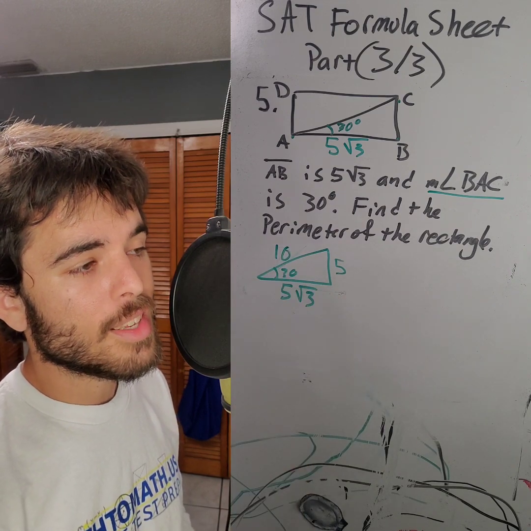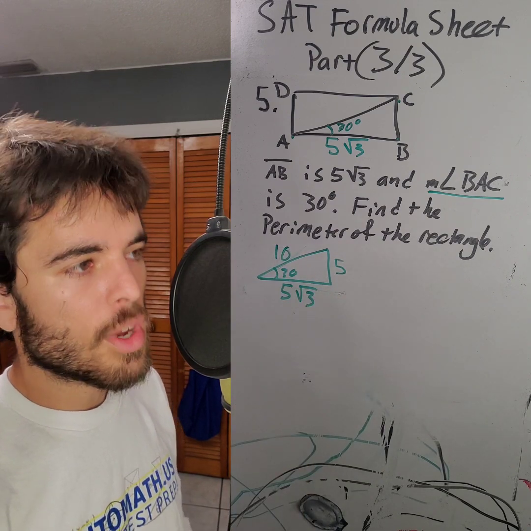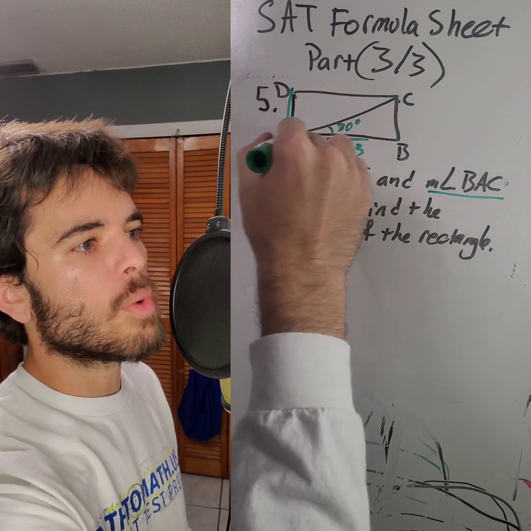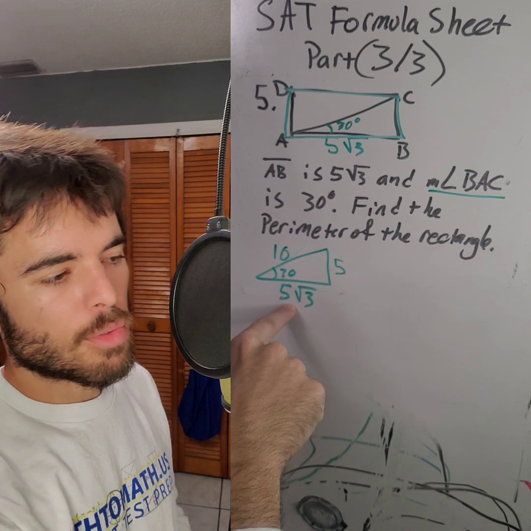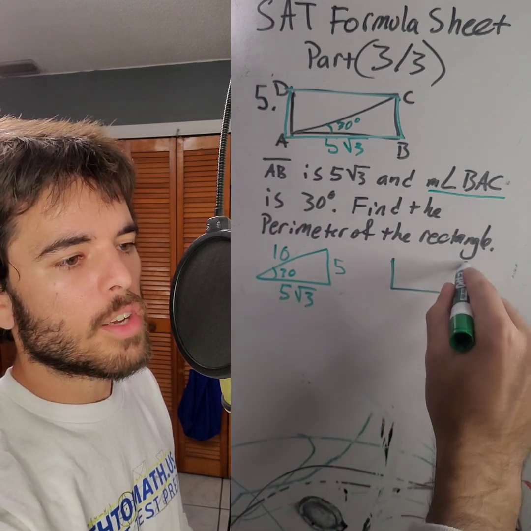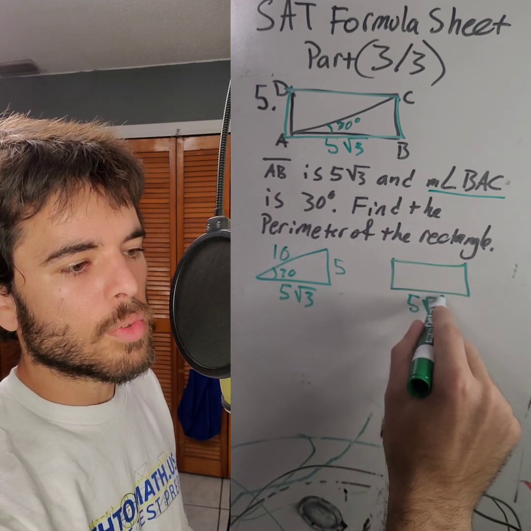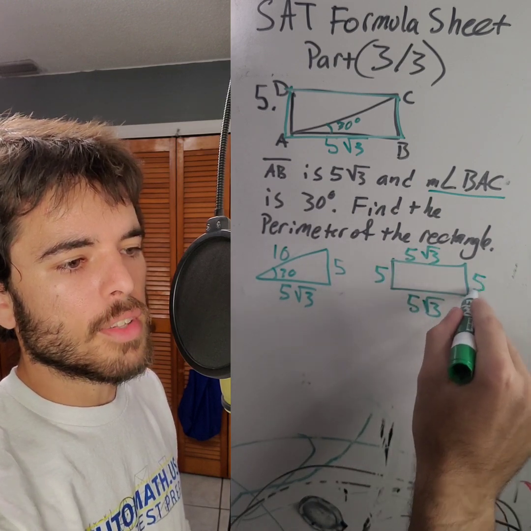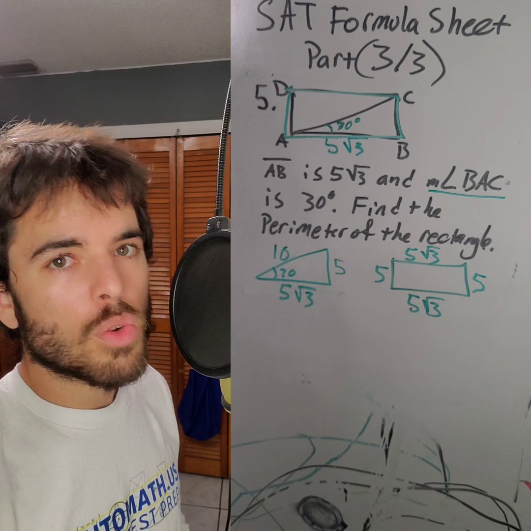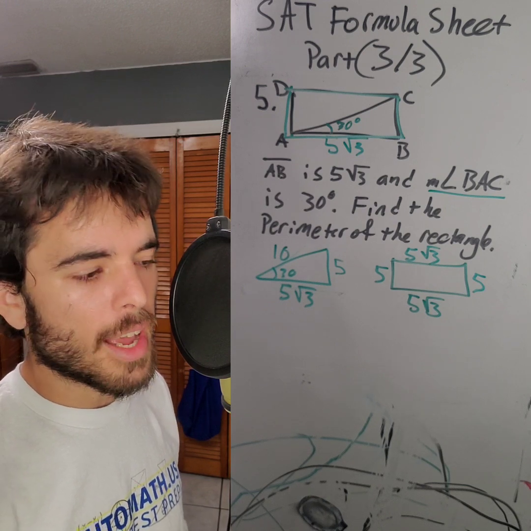What's good to know is we don't really care about the hypotenuse. We care about the perimeter of the original rectangle that they gave us. So all I really need is the 5 square root of 3 and the 5. If I translate this onto the rectangle, we get 5 square root of 3 top and bottom, and then 5 on the left and right. So another question becomes, how do we combine these? How do we add these?